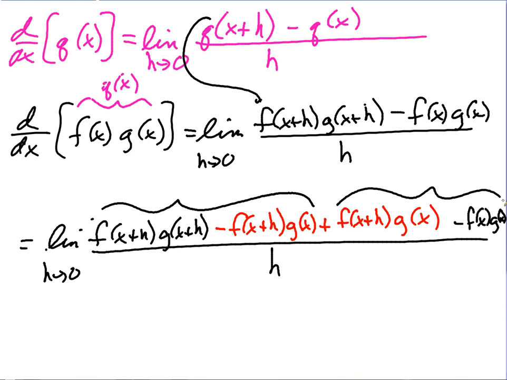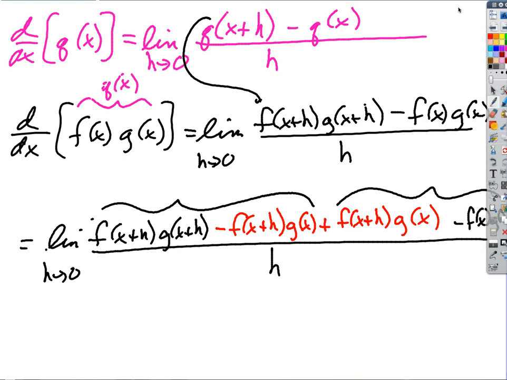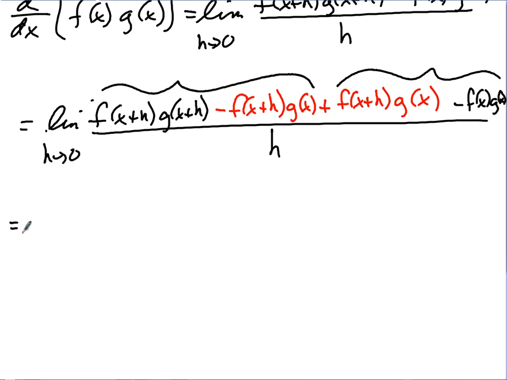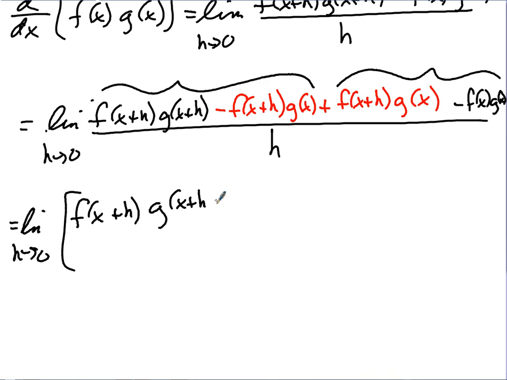Okay, so we'll take this first group and let's go ahead and put that in brackets. So we're going to get f of x plus h times, what am I left with on top? And this is all over h.